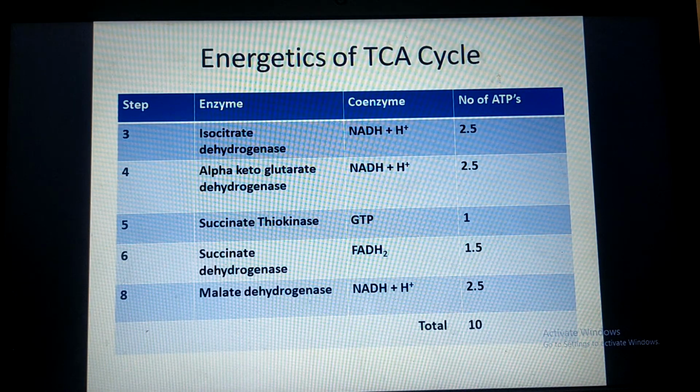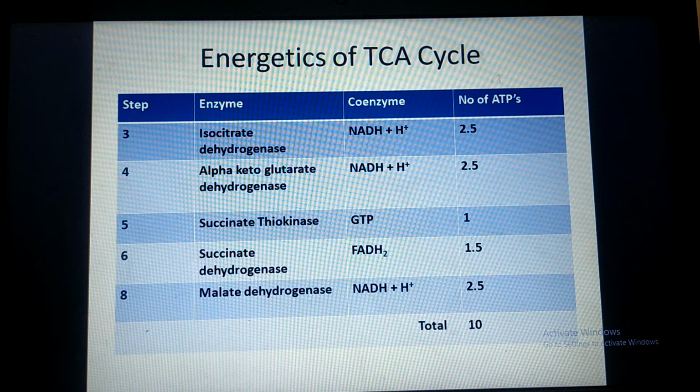Now come to the energetics of TCA cycle. TCA cycle gives 10 ATP molecules. In the third step, the isocitrate dehydrogenase removes two hydrogen atoms from the substrate, which are accepted by NAD to form NADH, and that NADH, when it enters into the electron transport chain, gives 2.5 ATP molecules.